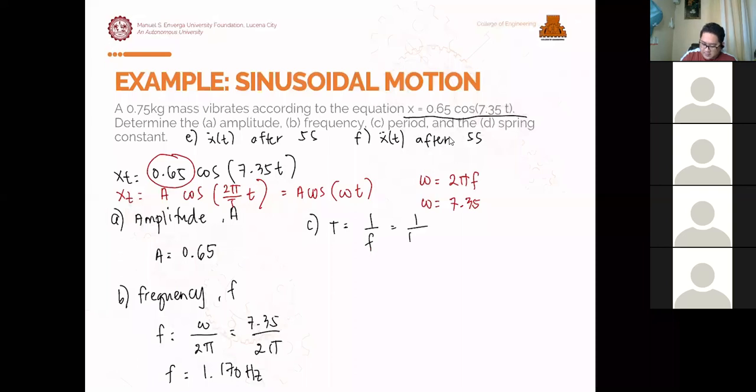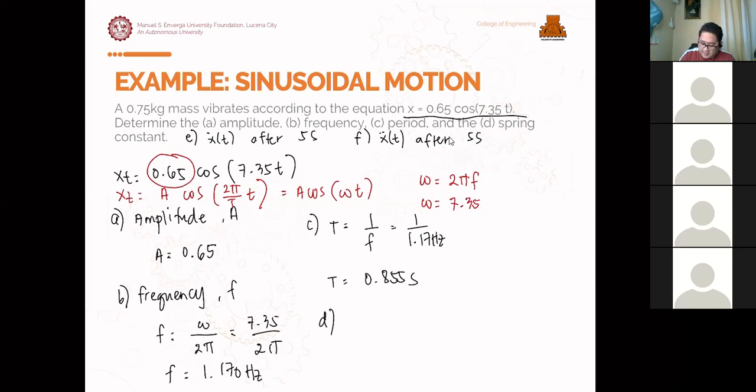Okay. Next, period. So period is just a reciprocal. So 1 over 1.17 hertz. So T is equals to 0.855 seconds. Then spring constant natin, saan natin pwede kunin sa spring constant? So pwede natin kunin sa formula ng pwedeng period or frequency, no?